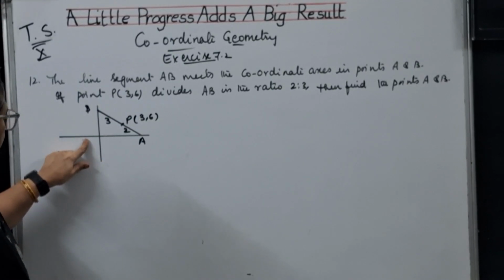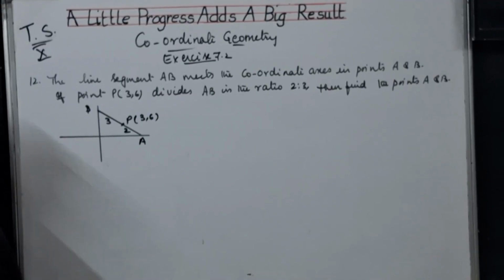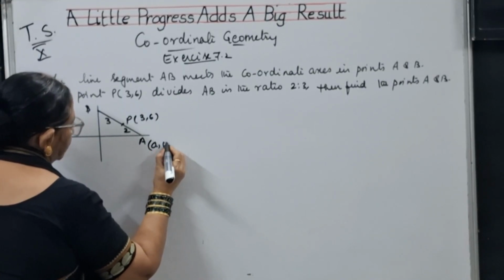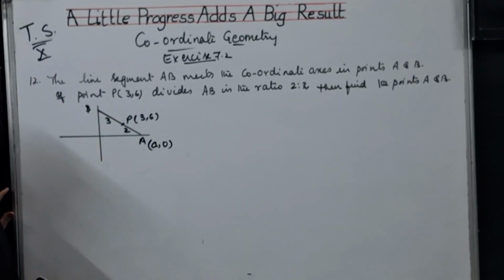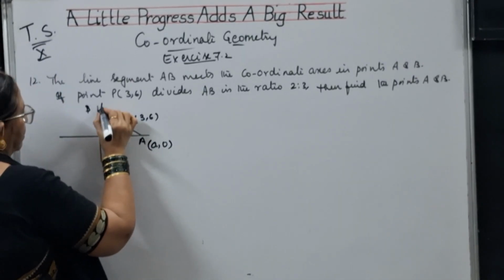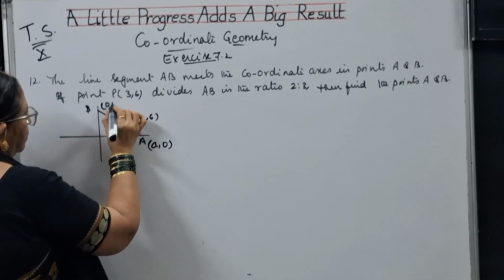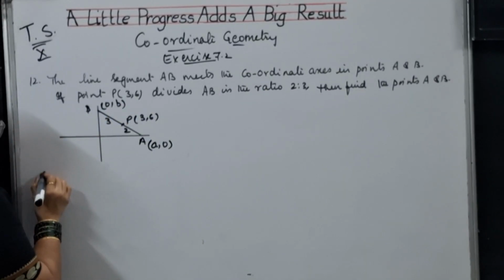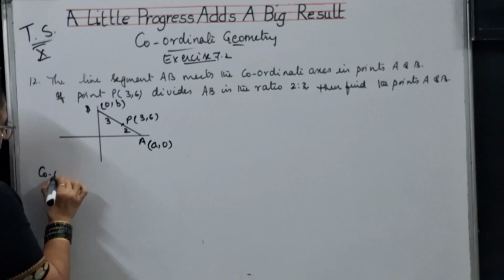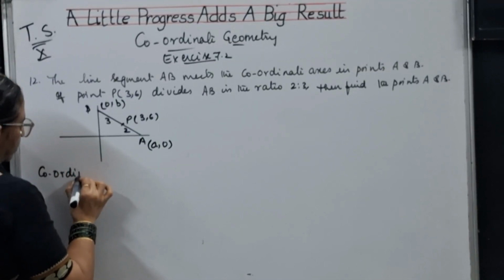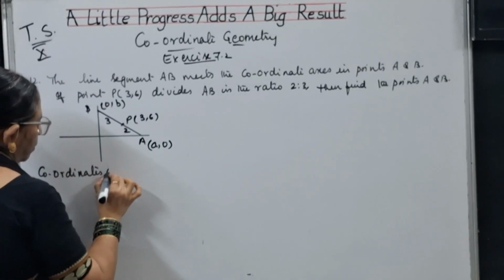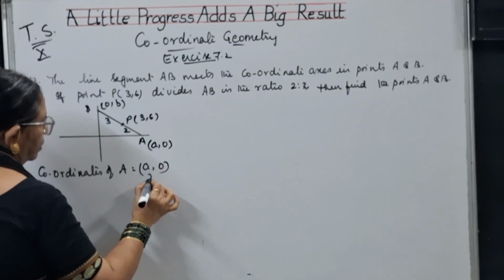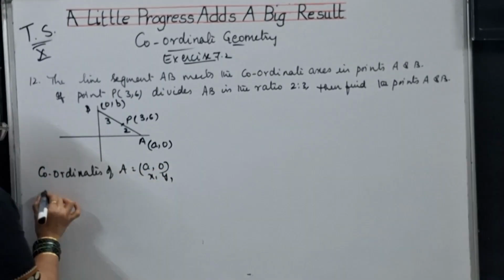See, children, if a point is on the x-axis, its general ordered pair is (a, 0). If the point is on the y-axis, its general form is (0, b). We know it. So, we will say that coordinates of A is equal to (a, 0), that is x1, y1.